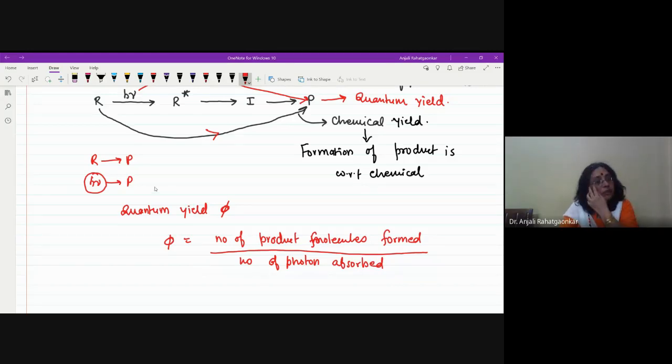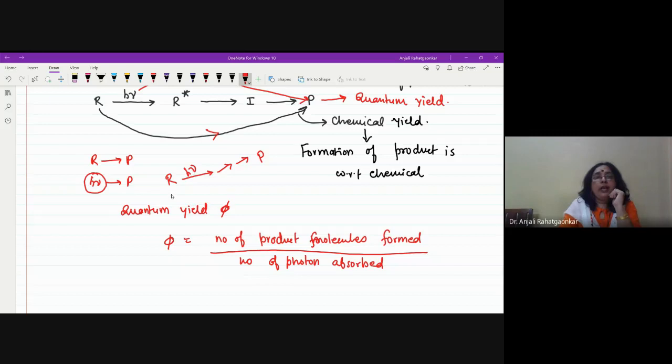How much energy is absorbed by the reactants, and that energy will be responsible for the transformation of reactants into the products. So I can say that if R absorbs h nu amount of energy, with some intermediates it is going to form a product.